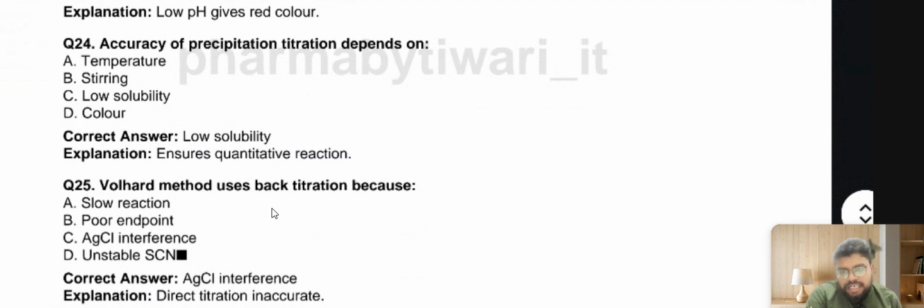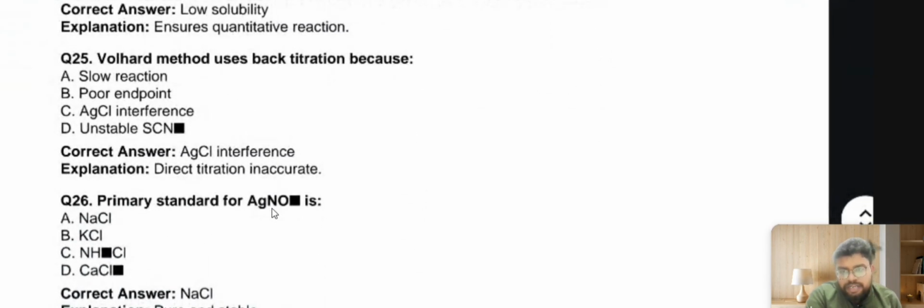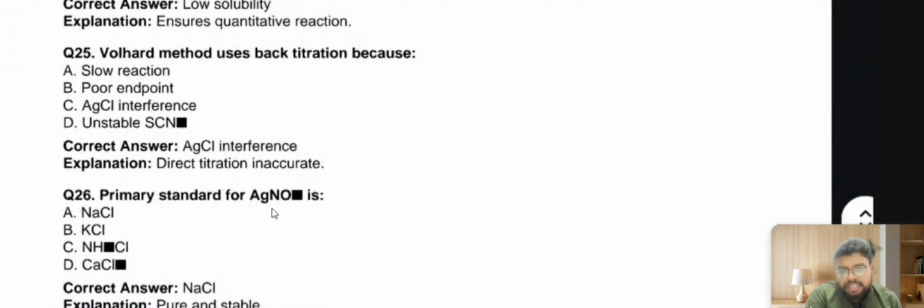Okay, the correct answer is AgCl interference. Let's see question number 26. Primary standard for AgNO3 is NaCl, KCl, NH4Cl, calcium chloride, CaCl3. The correct answer is NaCl.